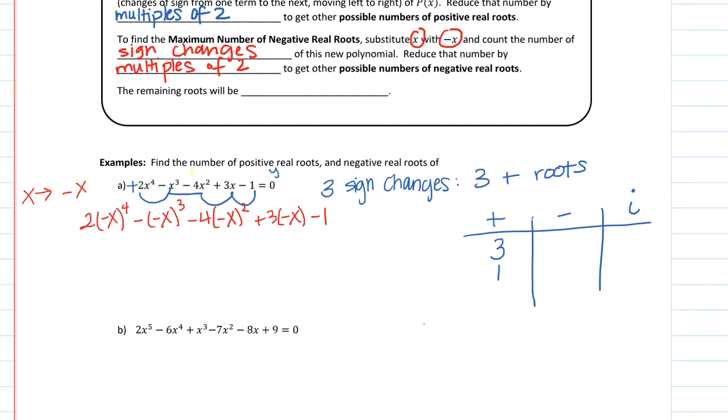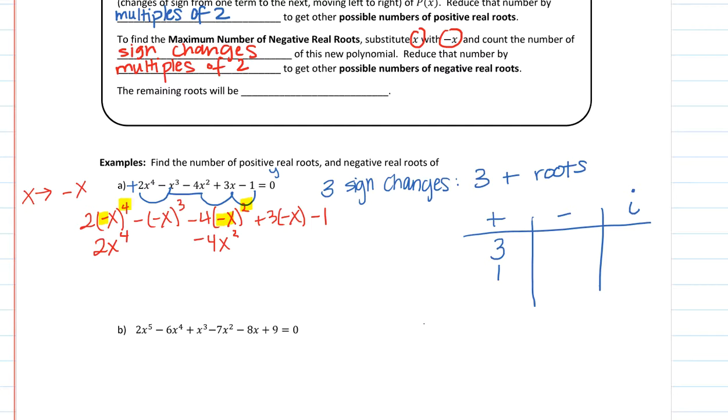When you're doing this part, it's helpful to keep in mind that a negative to an even power is just going to cancel. So this is going to go back to being 2x to the 4th. It didn't change. Wherever you see a negative x to an even power, just think that the negative is going to cancel, so it's not going to change. So this is going to remain right here, negative 4x squared.